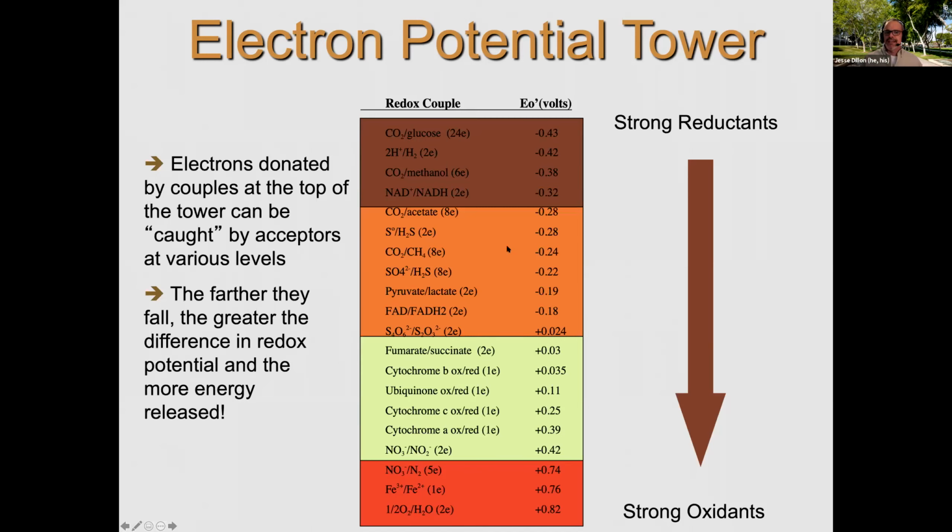So you tend to want to pair things like glucose with oxygen or nitrate or iron. And that is how metabolism has evolved over these millions of years. Oxygen is great today, but it wasn't in abundance 3 billion years ago.